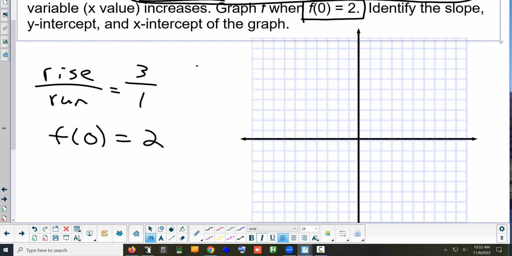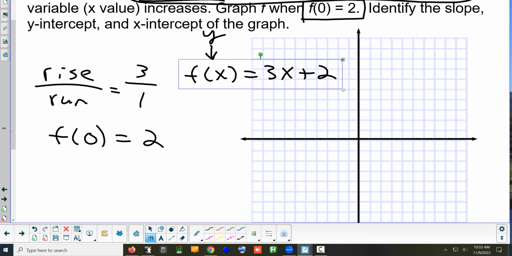So we had some formulas maybe last week where we said instead of writing y, you can put in f of x. So this part, that's like your y. That's your x.